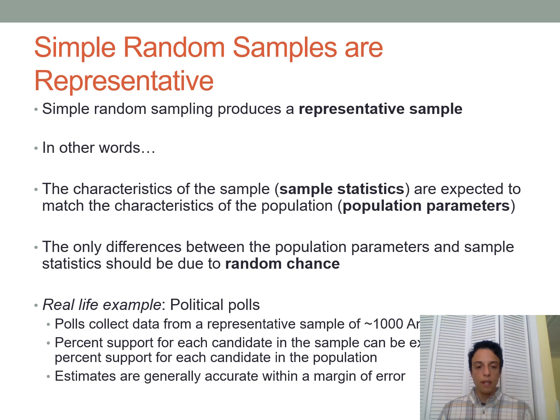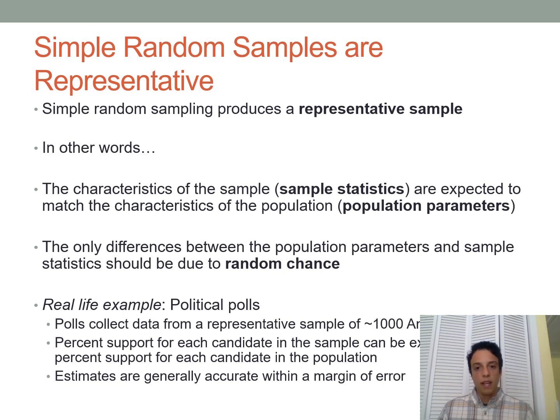And so it's going to be more or less the same, with the only exception being that random chance is involved. So in your sample of 1,000 voters, it might be that you just so happen to include more people in your sample who support candidate A than candidate B, just because of complete random chance. They're the people you happen to end up with on your list of people to include in the sample.